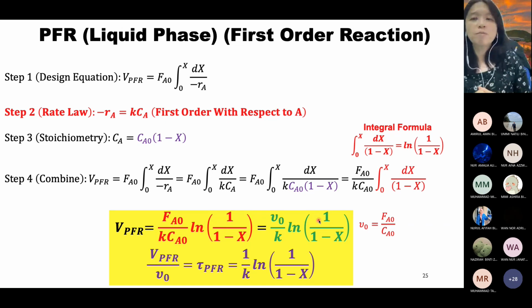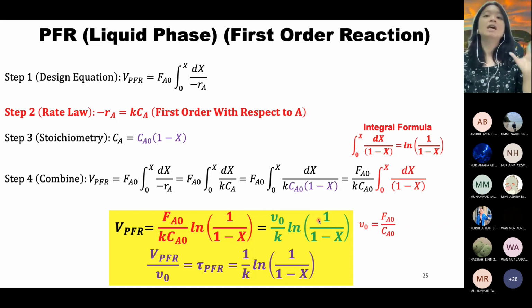The green one is not provided to you. So kamu kena betul-betul tahu sendiri macam mana kamu nak modify equation tu sendiri. I give you the base equation, tapi depends lah, kalau saya beri kamu FA0, CA0, kamu gunalah version pertama. Tapi let's say suddenly I give you epsilon naught. So kamu kena faham lah macam mana equation tu akan berubah jika saya beri kamu epsilon naught instead of FA0 and CA0.